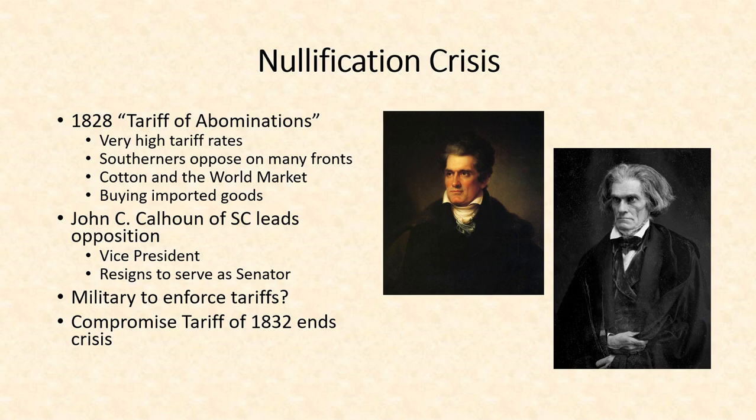For the most part, people look at this and say, well, okay, this is a high tariff, but we can work it out. Who's going to pay for this? The people who are going to import or buy imported European goods, which are essentially luxury items, are going to be the ones who pay for this.